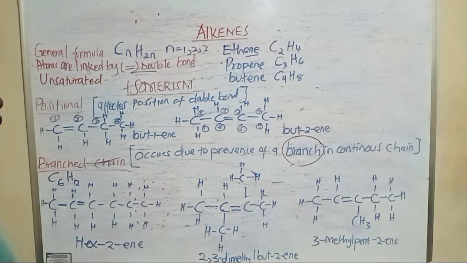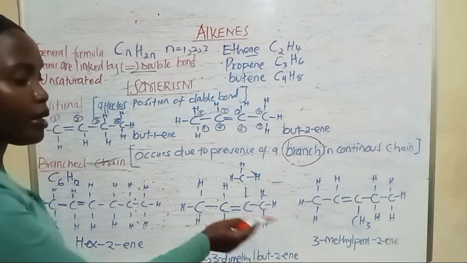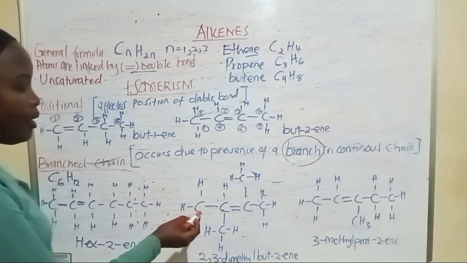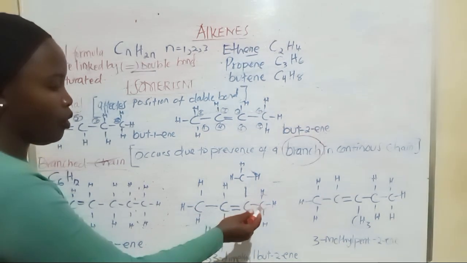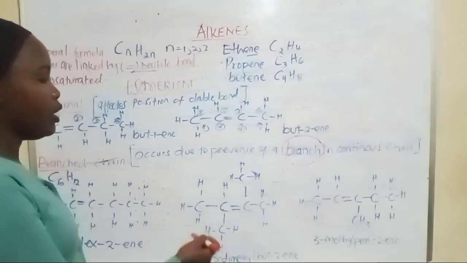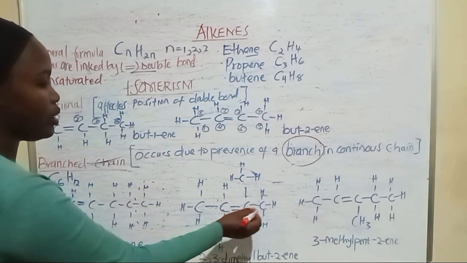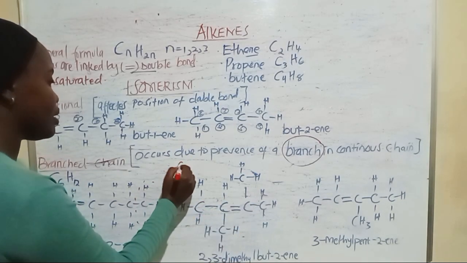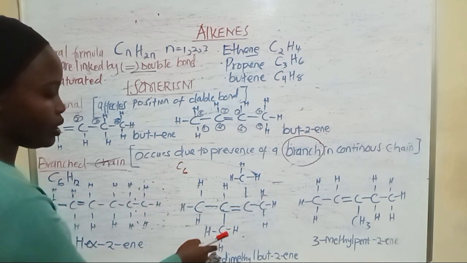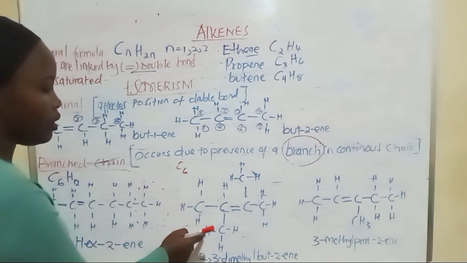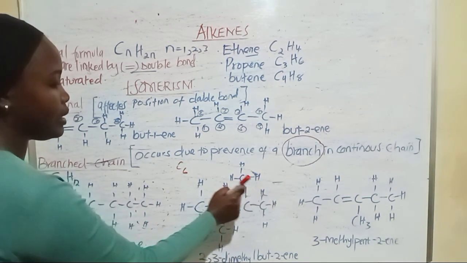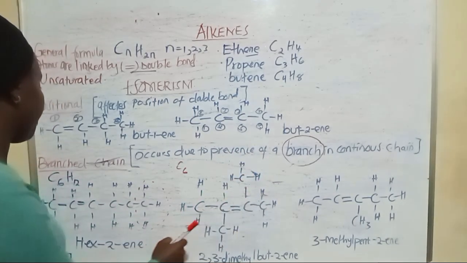Now how did we name this one? As you can see, first we identify the longest carbon chain, and we have 1, 2, 3, 4. This is the longest carbon chain. Okay, so the number of carbon atoms present here are 1, 2, 3, 4, 5, 6. So you can see the formula is C6. How many hydrogen atoms? 1, 2, 3, 4, 5, 6, 7, 8, 9, 10, 11, 12.